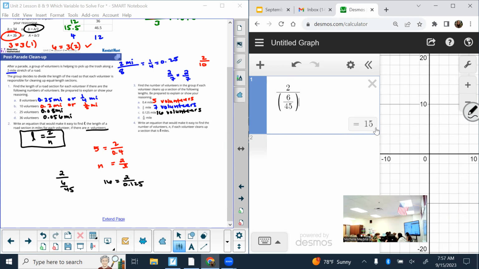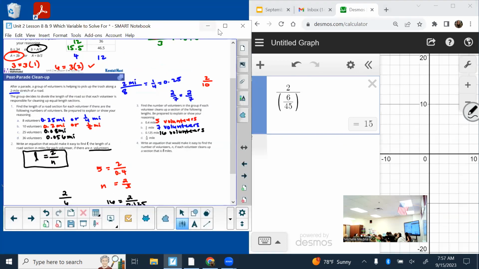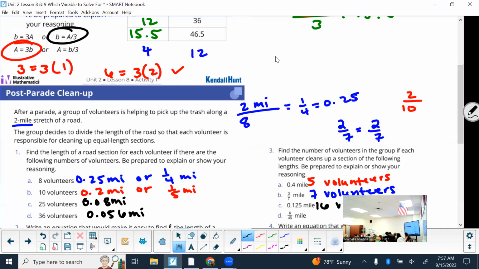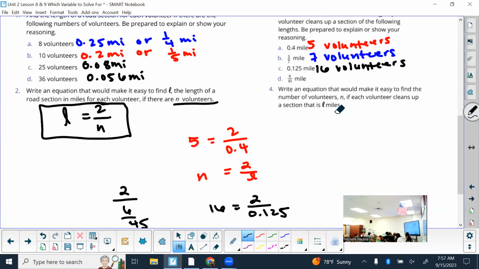Okay, so it should be 15 volunteers for that. So you don't have to struggle with fractions anymore. You just have to know how to put it in your calculator and then see that your answer makes sense. Questions on that? Okay, so that's 15 volunteers for when it's 6 over 45 miles, 15.